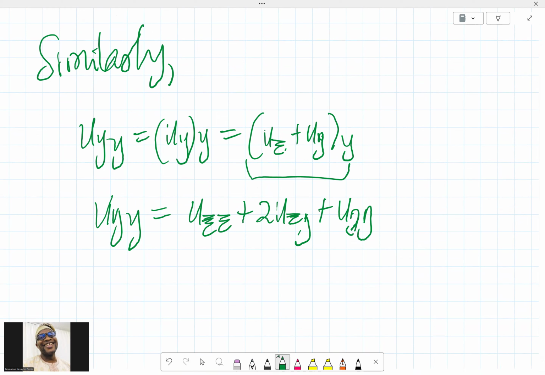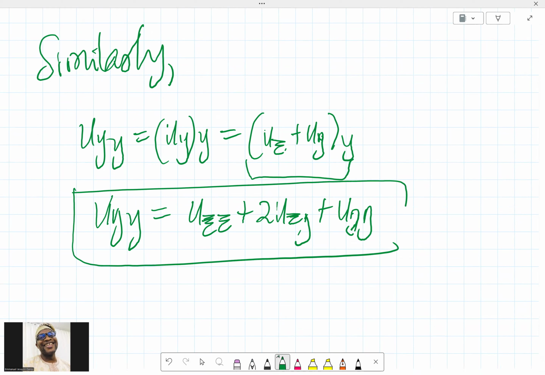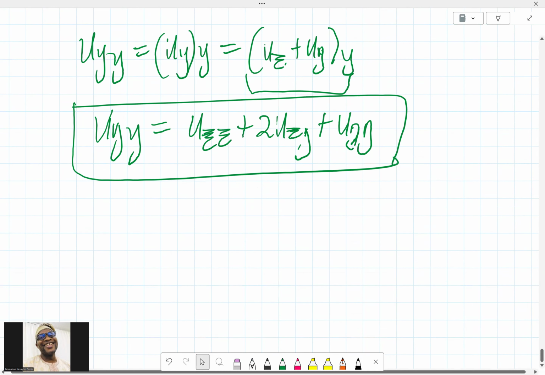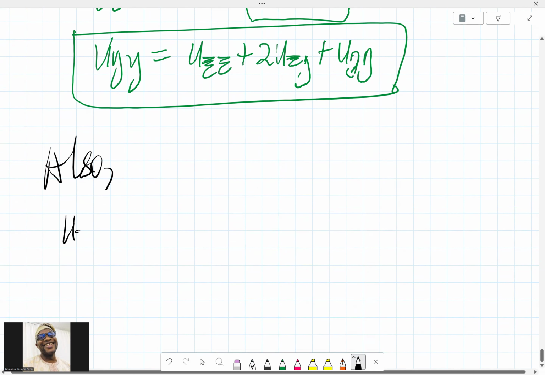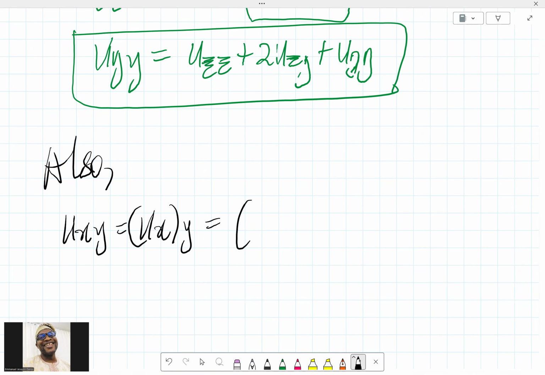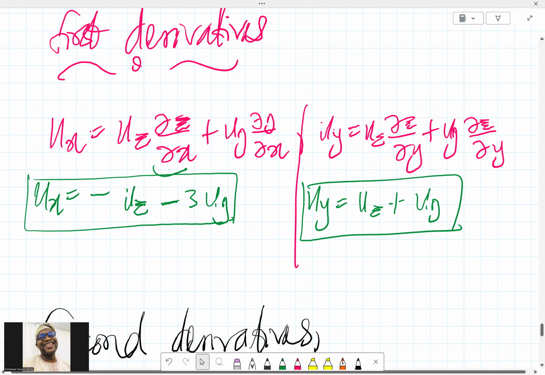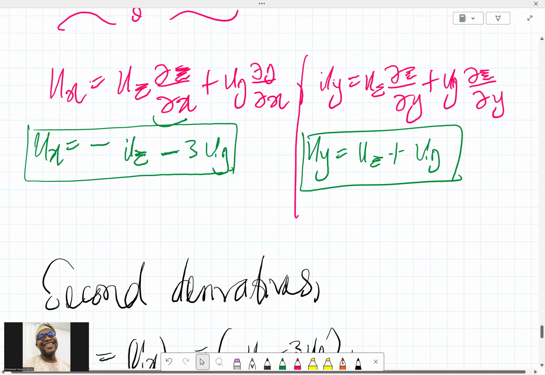So this process is a lengthy one. The chain rule thing is a lengthy thing, actually. So we have all of this now. We also need the same thing for uxy. So uxy, that is ux with respect to y. We know ux again is, what is my ux here? It's u minus u psi minus 3u eta.